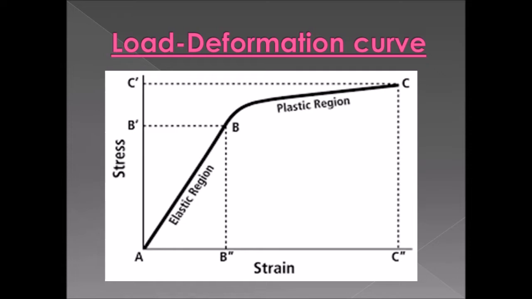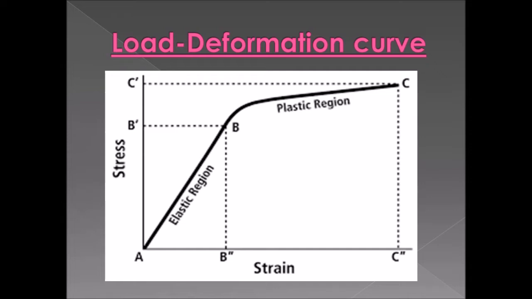First of all, point A to point B shows the elastic region of the bone. So what is the elastic region? If we apply any load to the bone till its elastic region, that is from point A to point B, any deformation that occurs in this region will not be permanent.